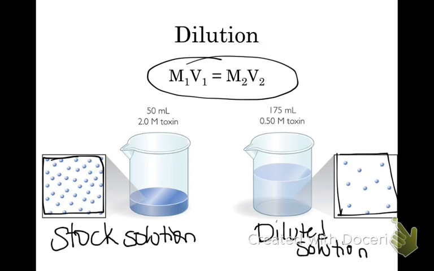So here I have a certain molarity, 2.0 molarity, or moles per liter, of this solution. If I take 50 mils of it, so extract 50 mils of it, put it into the new beaker, and add in a certain volume of water, I can make 175 mils of a 0.50 molar solution.